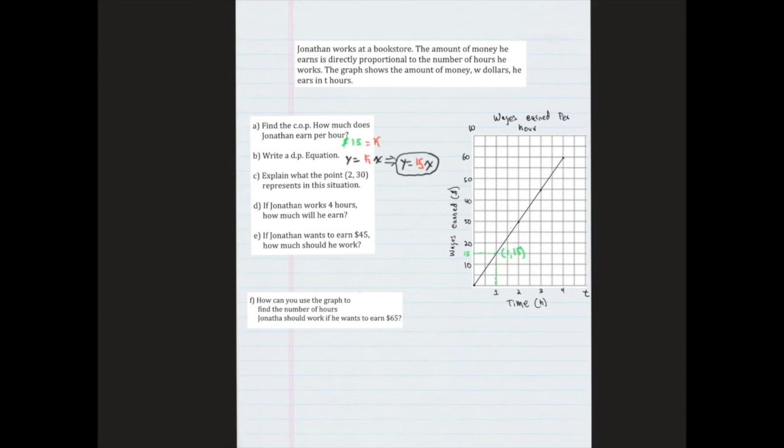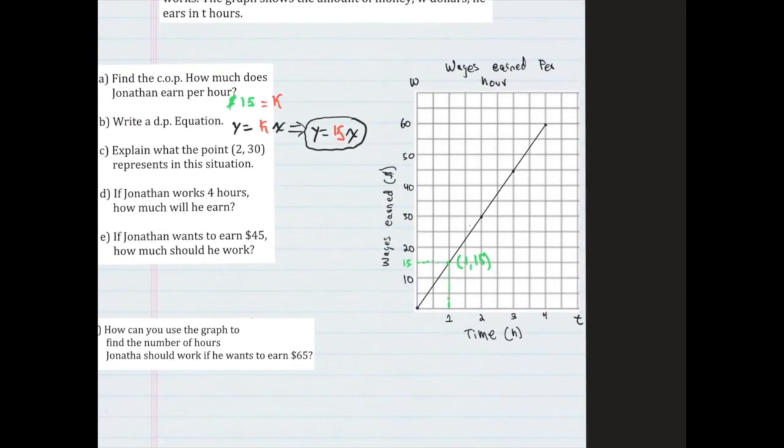Now it says explain what the point (2, 30) represents in this situation. So if you go back to that blanket statement from the last lesson where you had to explain the meaning of the numbers, we're going to use that with these numbers. So if 2 represents the number of hours, and we can zoom in on this graph a little bit, 2 represents the number of hours, 30, right, is this point here.